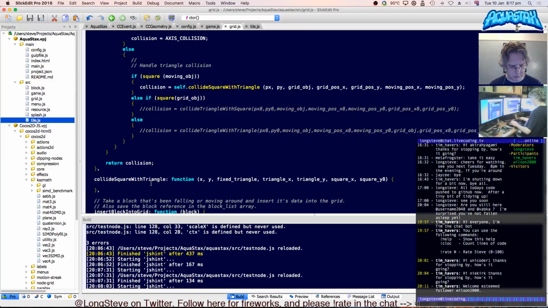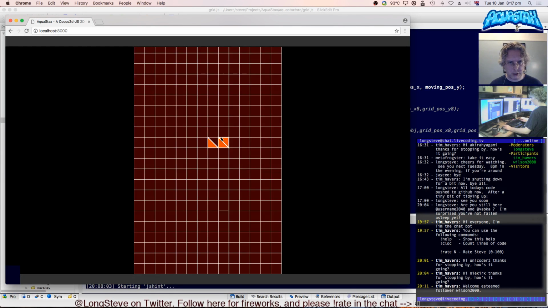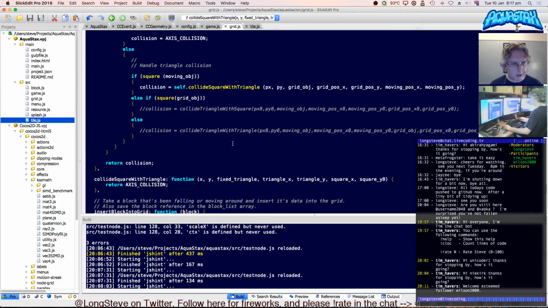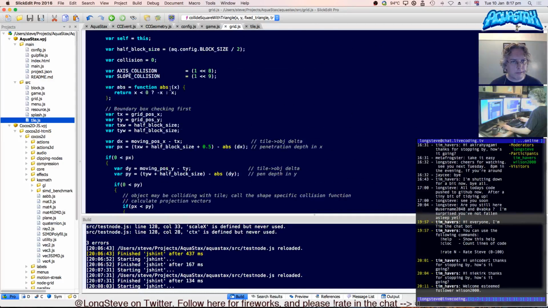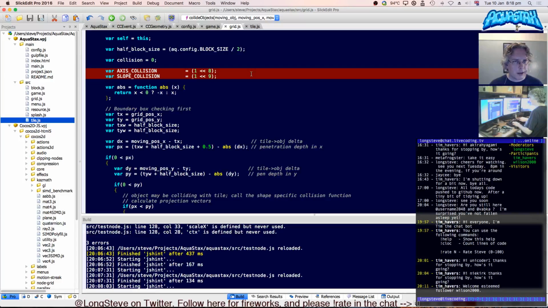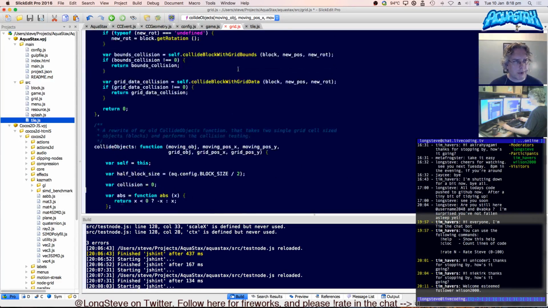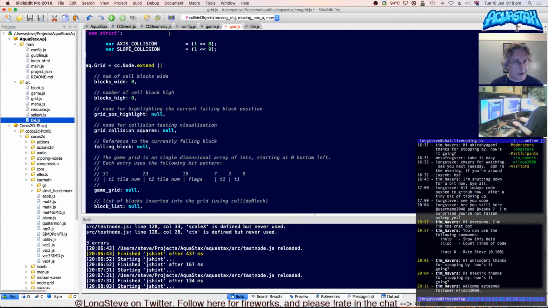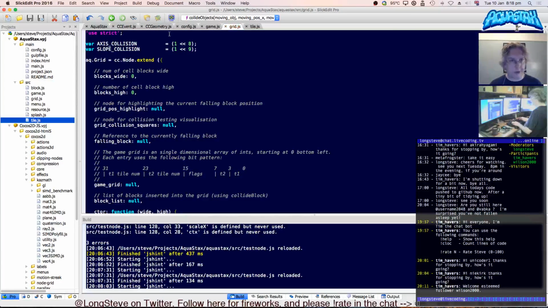If I just return axis collision, it should. I'm going to pinch these and stick them up here for now. It's probably a bad idea, but it'll let me test it quick.